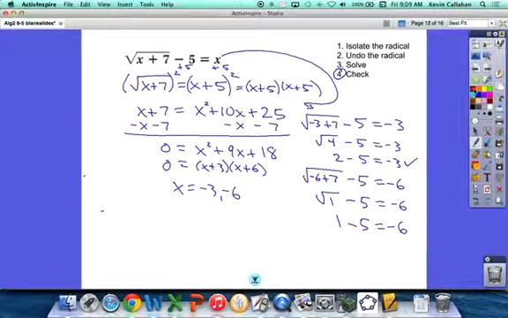Let me highlight that. Not true. So x equals negative 6 is extraneous, which means it's not an answer.